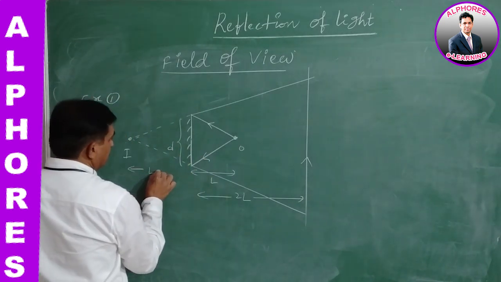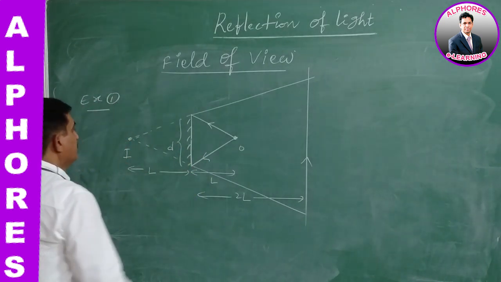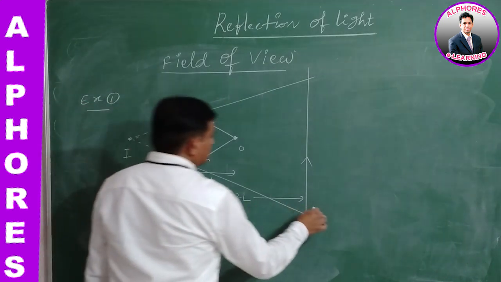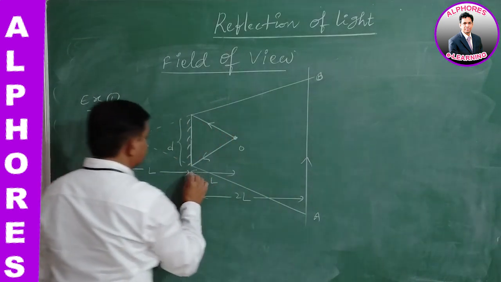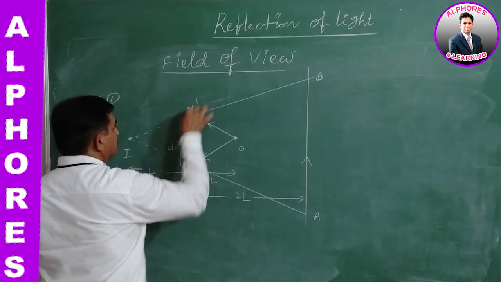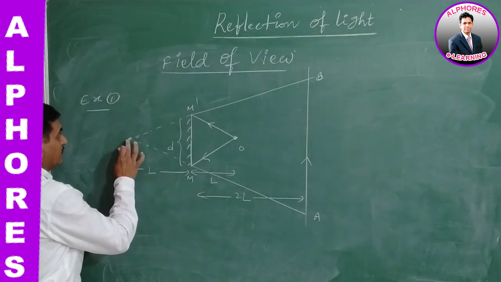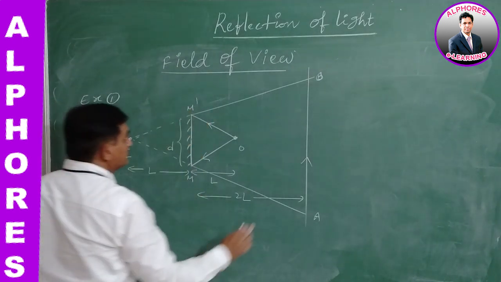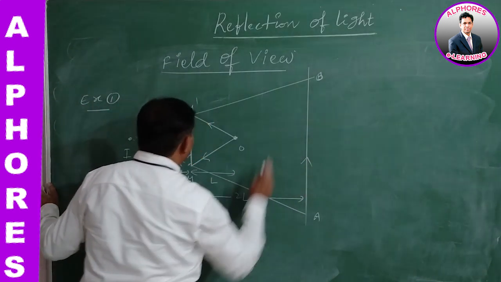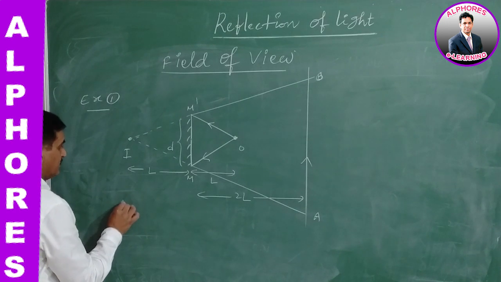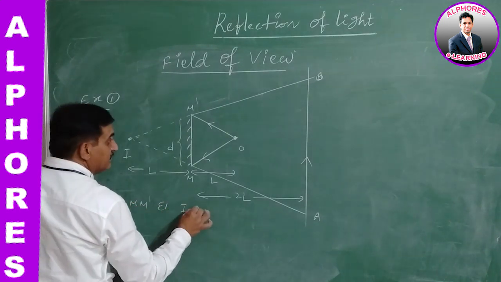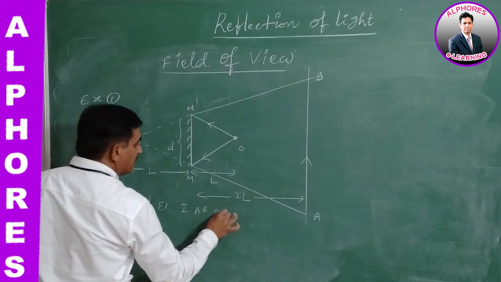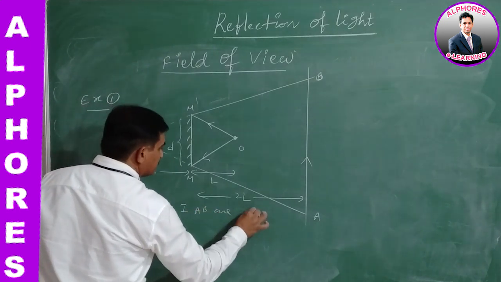This is also L. Okay, so this is I, this is A, this is B, this is M dash. Now IM dash and IAB are similar triangles.